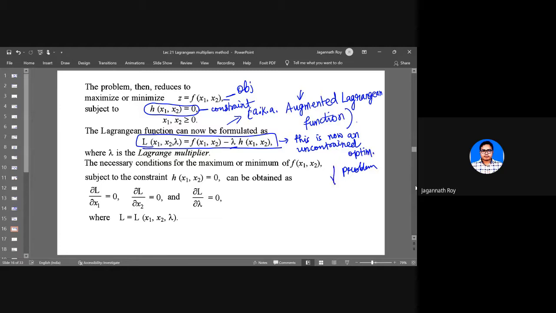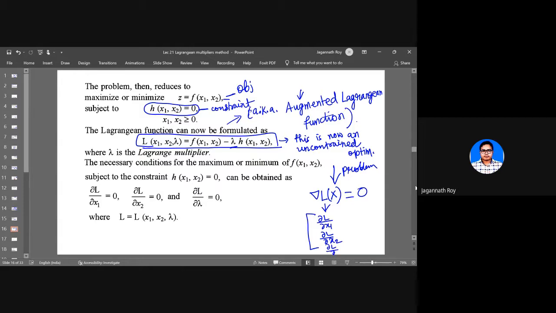So for this, what will be the necessary conditions? Del L of x equals 0. So this is nothing but del L del x1, del L del x2, because the number of variables has increased for this L function, and then del L del lambda.